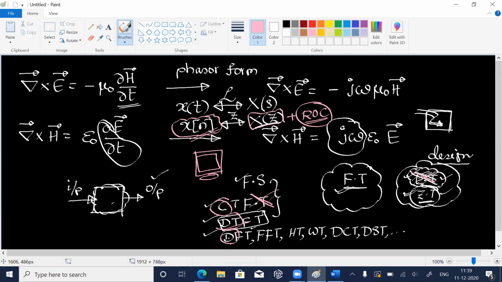Electrical people require these transforms, the Z transform. You require them for analysis and for design. Anyways, let's not deviate and not belabor these points. Let's motivate our discussions.